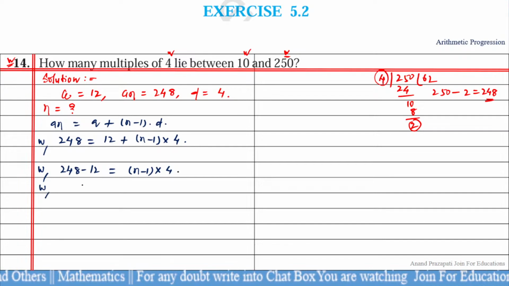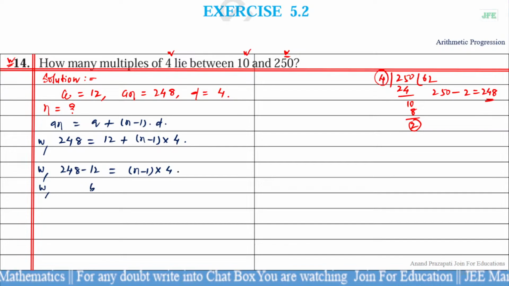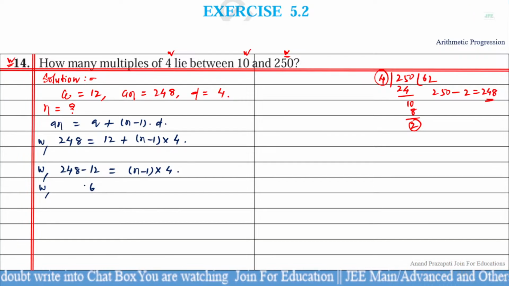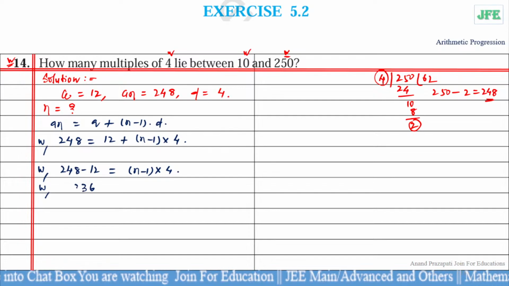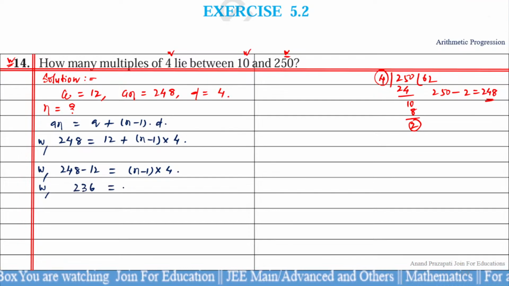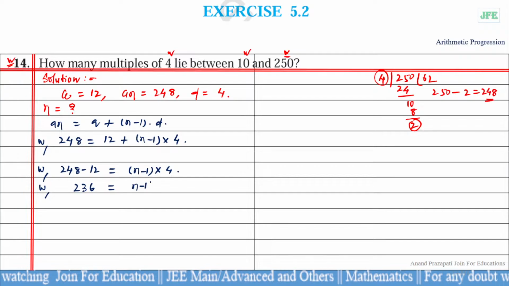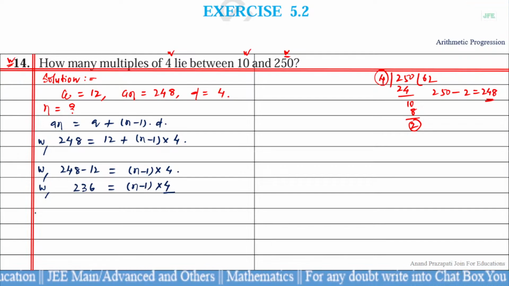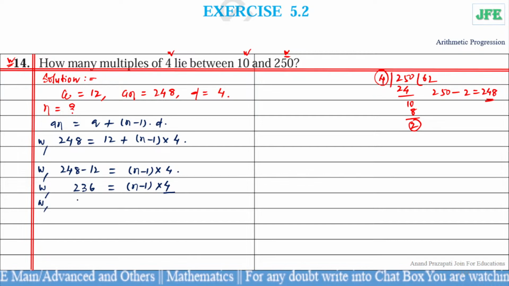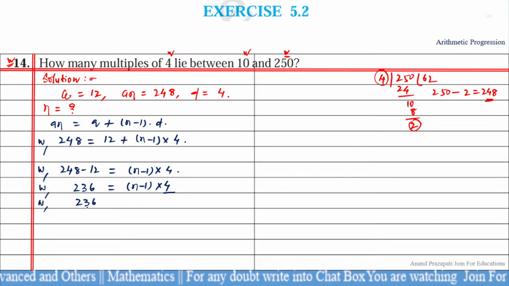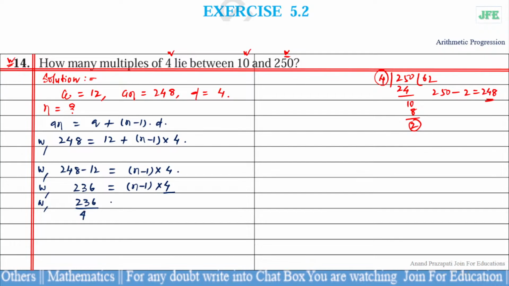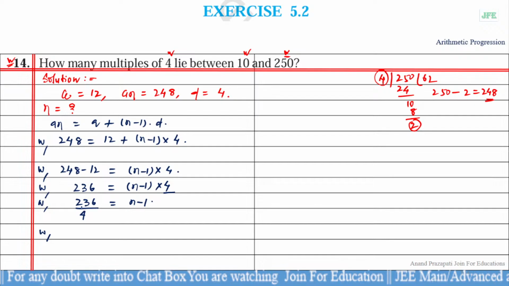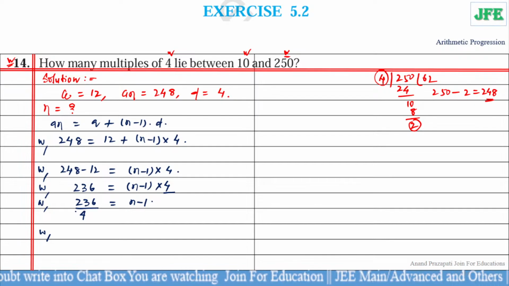Or 8 minus 2 equals 6, and 4 minus 1 equals 3, so 236 equals (n minus 1) into 4. When 4 moves to the left hand side, this will be 236 by 4 equals n minus 1.